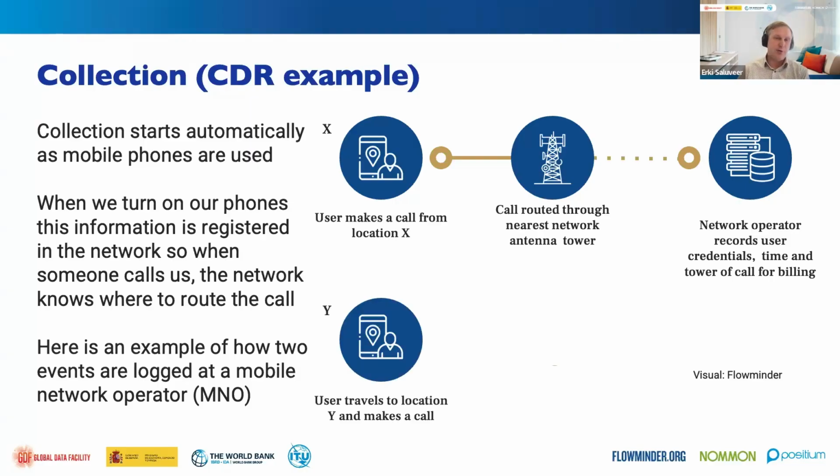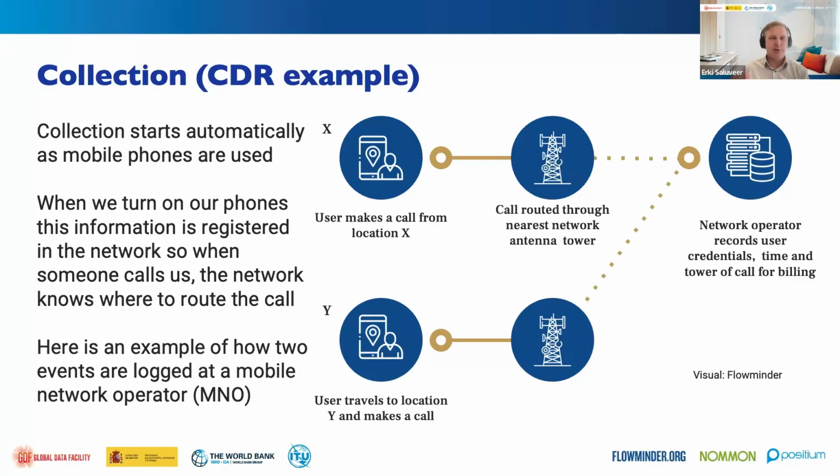When we see that this person is making another call from location Y, this call is routed through another network antenna and stored in the same mobile network operator log systems.